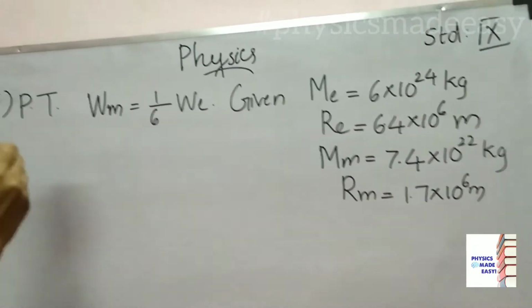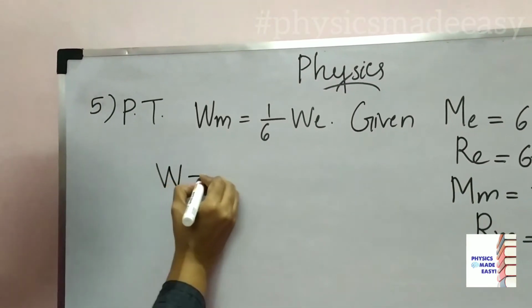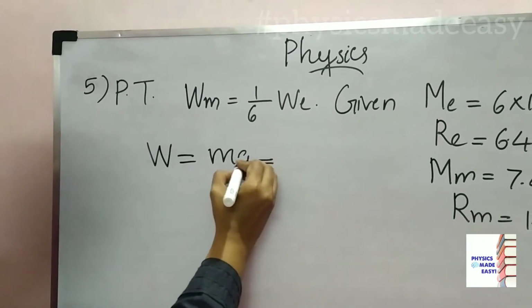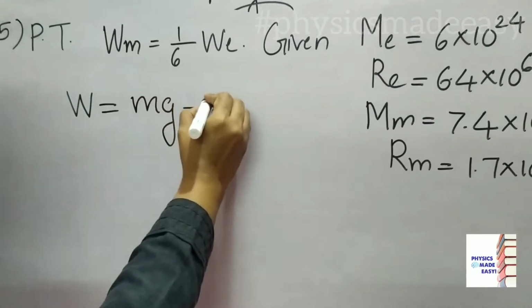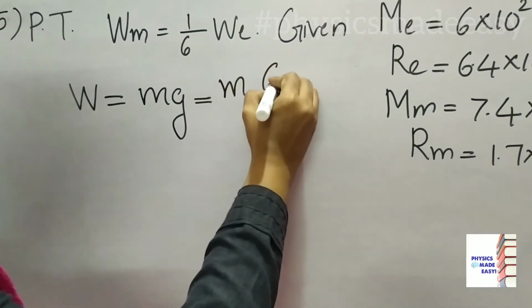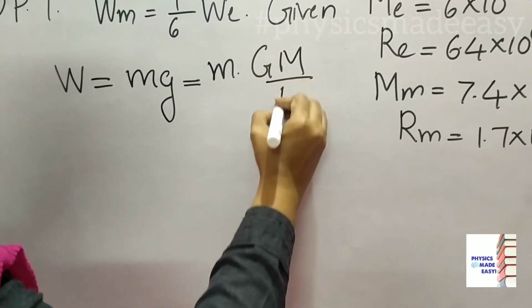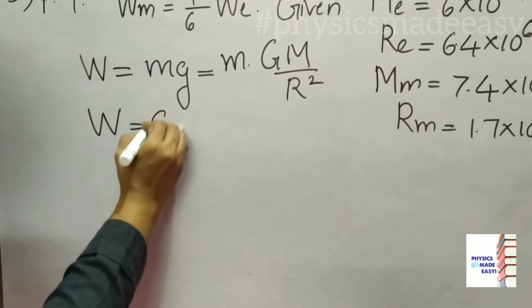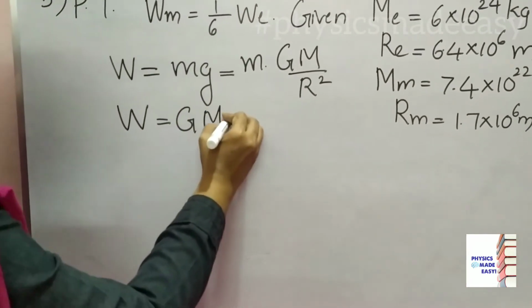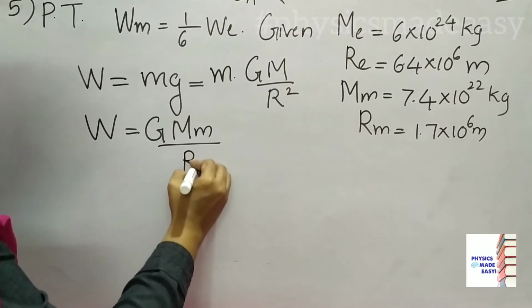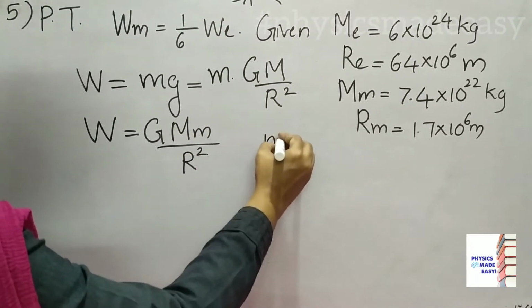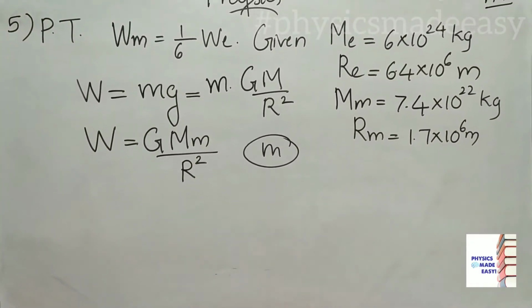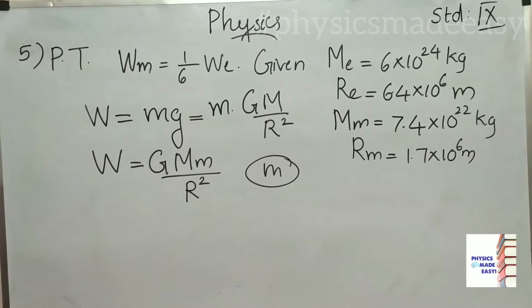You know children, W is equal to M into g. You know what is this g? g is GM divided by R square. So generally we can write this as GM divided by R square. Here we can consider M as the mass of a particular object.